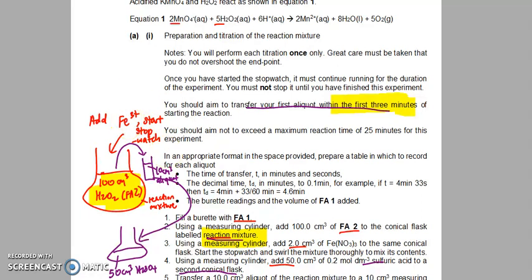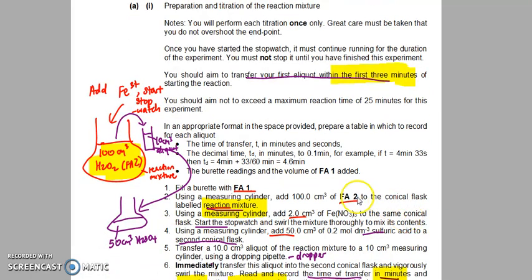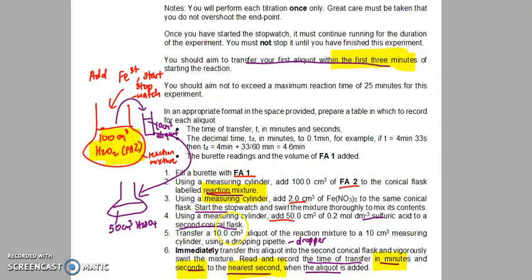Once you add it in, you start a stopwatch and swirl to ensure that it's a homogeneously mixed solution. After that, you take a measuring cylinder and measure out 50 cm³ of sulfuric acid of this concentration into a second conical flask that I've drawn in purple.